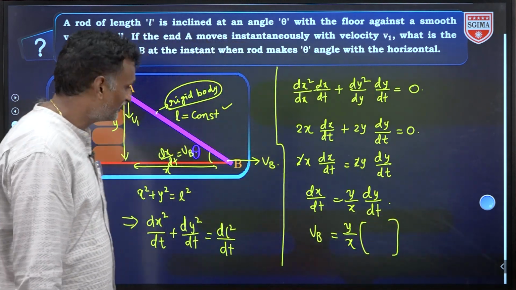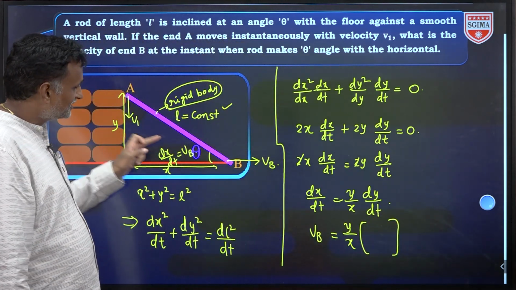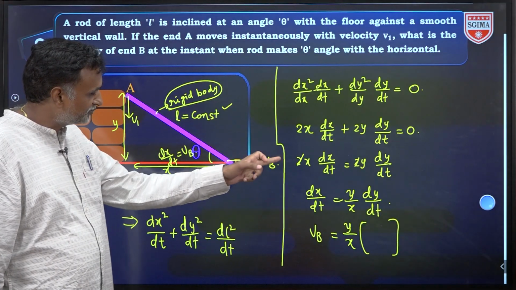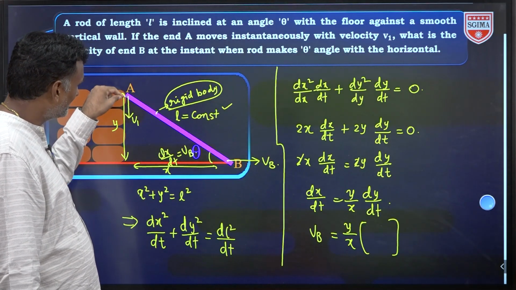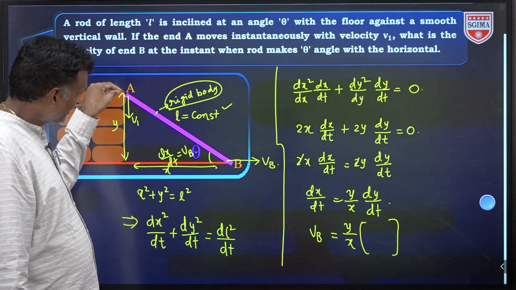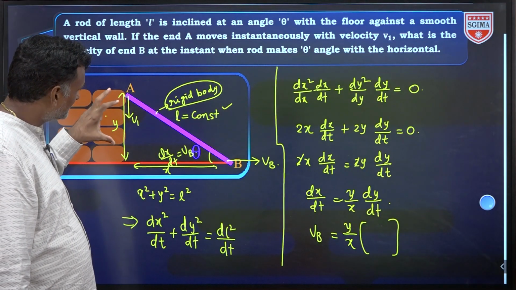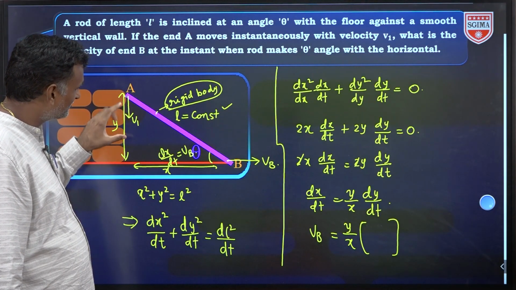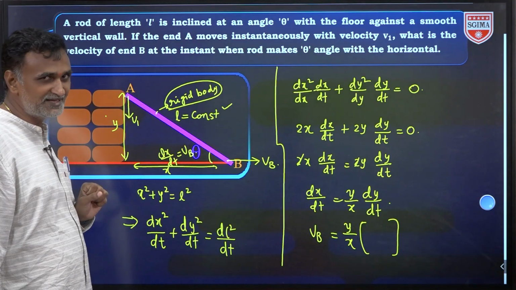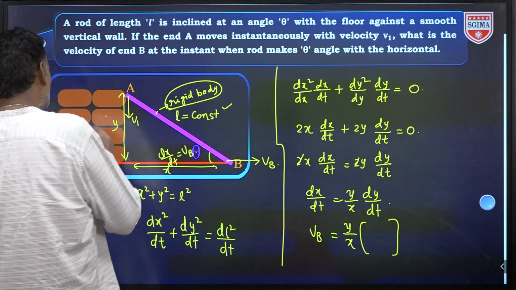Next, dy/dt. As rod end B is moving to the right side, end A is moving downward. End A moving downward means dy/dt equals V1, as per the question.